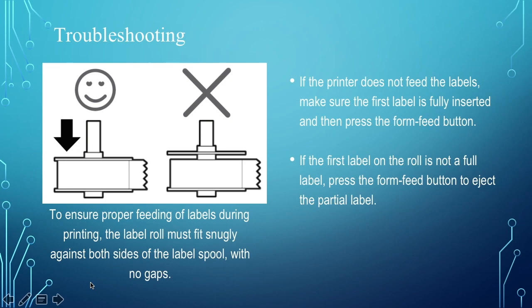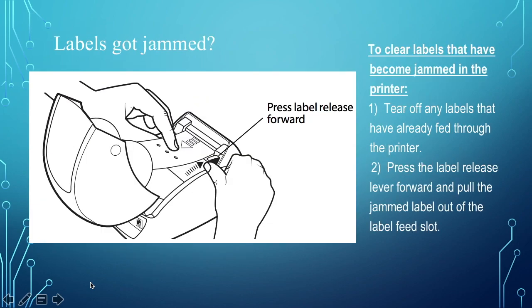They're the expert there on the ground and know what they're doing. But here's a quick guide in case you are having trouble. This roll of labels must fit really snugly all the way to the left side, and we need to make sure they're feeding through. If the labels are jammed, feel free to use this button to release the labels back up into the printer and refeed them, and hopefully it will be working.